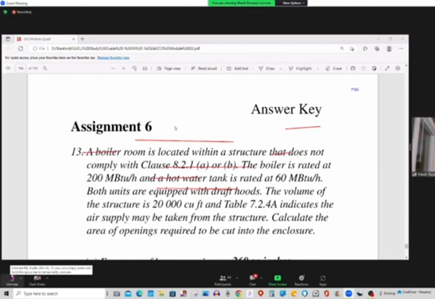You add them together. How much came? 260. The closest is 275, right? Then you go to 20,000 volume. Then what do I get? You get 0.